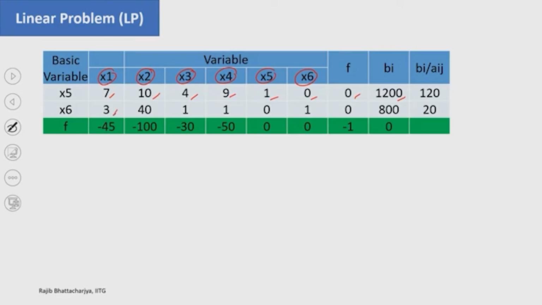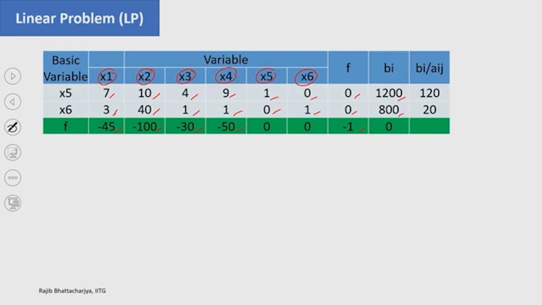And the coefficient of x1 in the second constraint is 3, for x2 40, then 1, 1, 0, 1, and finally it is 800. And I am putting the objective function row: the coefficient of x1 is minus 45, minus 100, minus 30, minus 50, then 0 and 0.